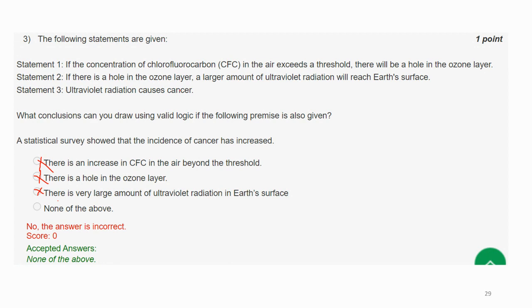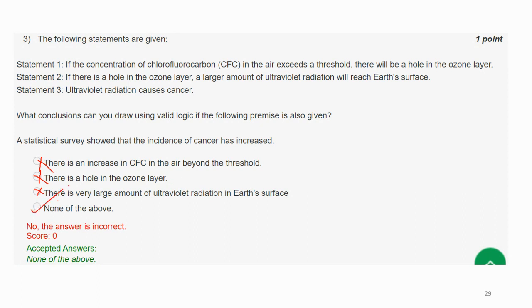The subsequent cause of that is UV radiation, the subsequent cause of that is the ozone hole, and the subsequent cause of that is an increase of CFC in the air. Since this is not happening, and cancer can also happen from other sources, the subsequent reason is invalid, and in this way all are invalid. So none of these is the answer.